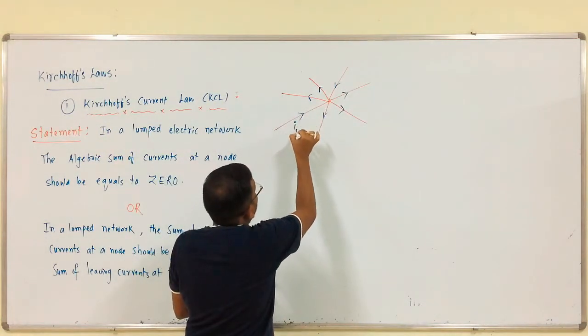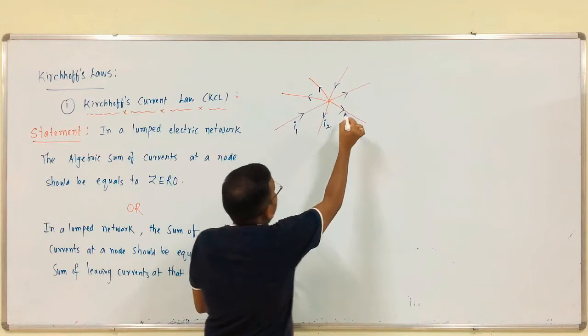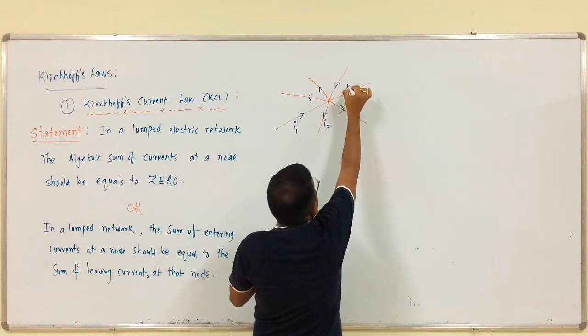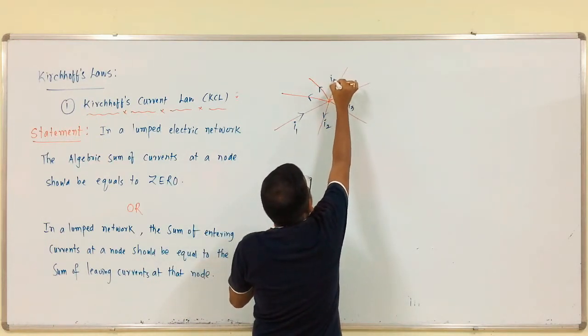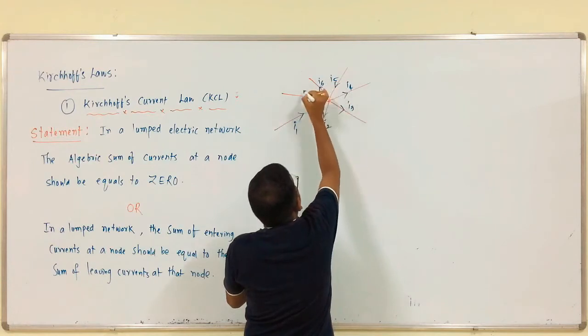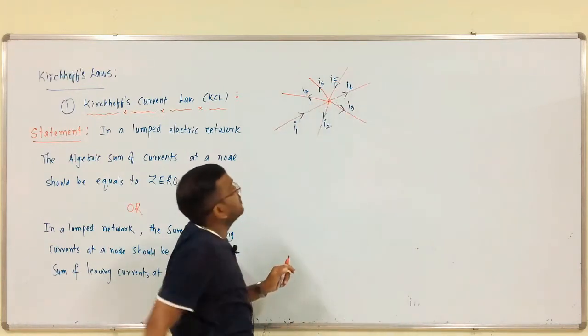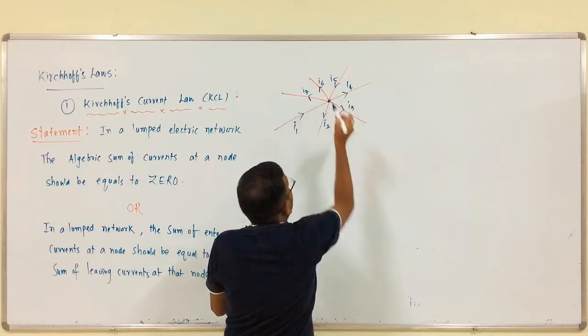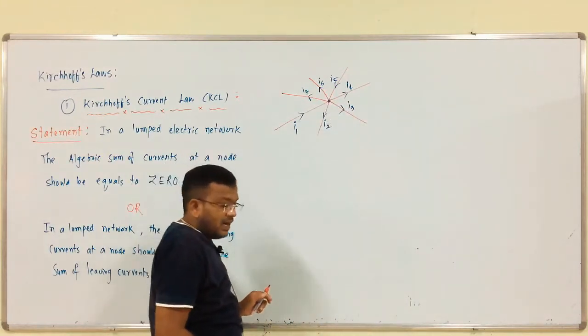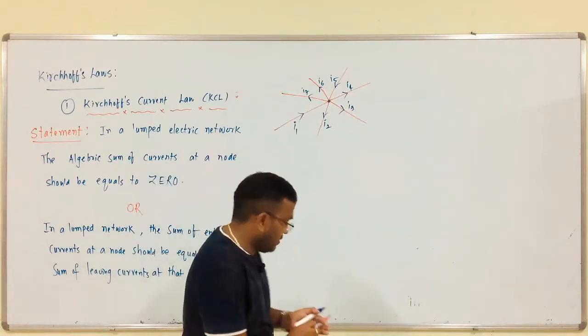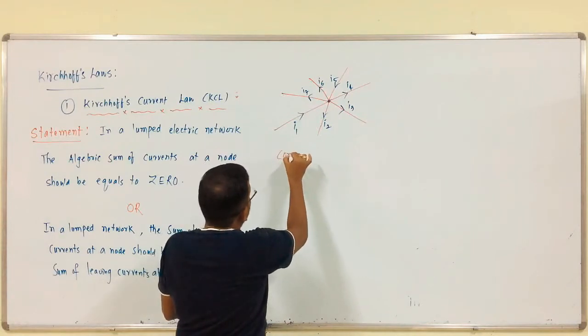For example, this is I1, this is I2, this is I3, this is I4, I5, I6, I7. This is the node. For that, we have to follow a convention. Okay.